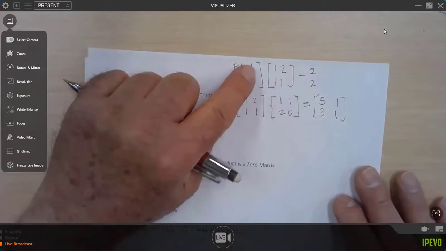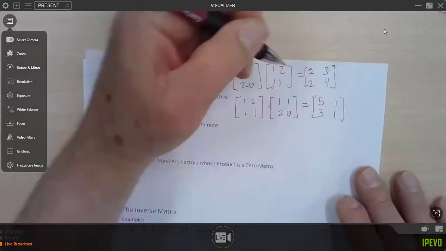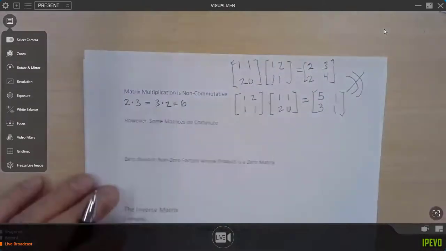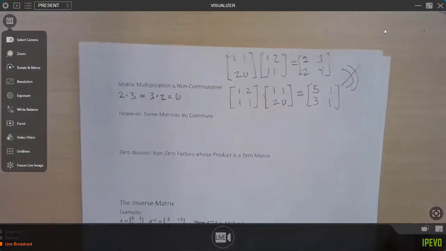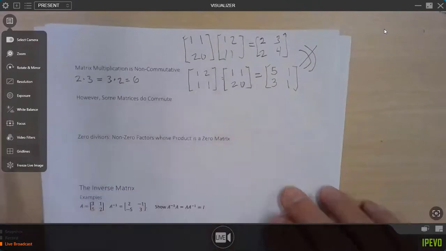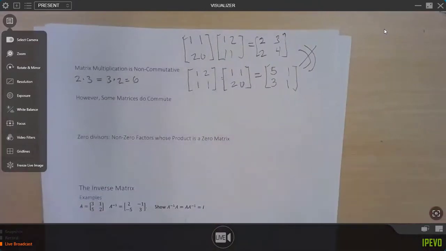So 2 and 1 make 3 and 4. And as you can see, those things are not equal. That's the weirdest not equal sign, but anyway, switching the order typically will give a different product.